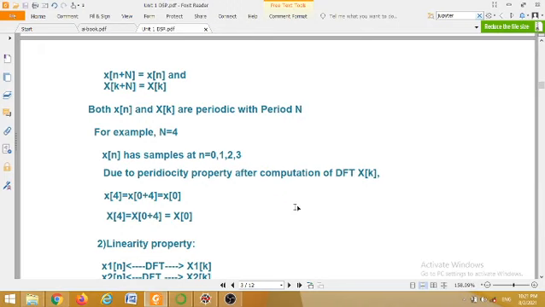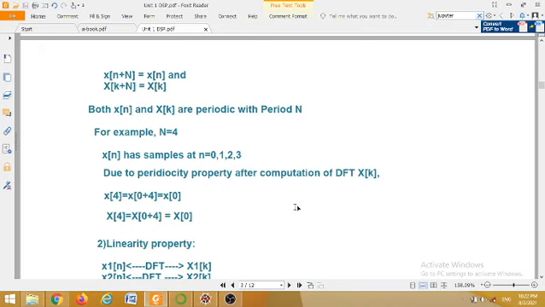If you have x of 4, it can be written in the x of n plus N format, with capital N equal to 4 and small n equal to 0. Based on that formula, x of 4 is going to be x of 0. Similarly, x of 5 is x of 1, x of 6 is x of 2, x of 7 is x of 3, and x of 8 is x of 0 or x of 4.